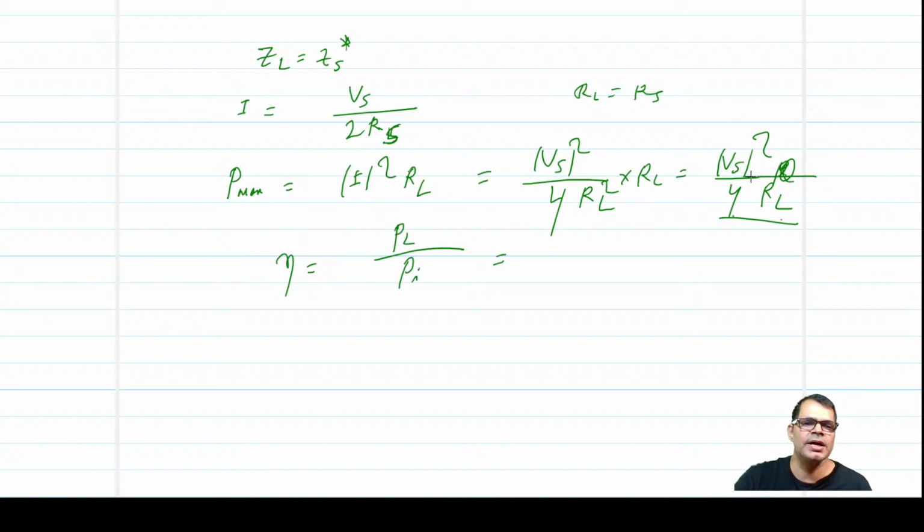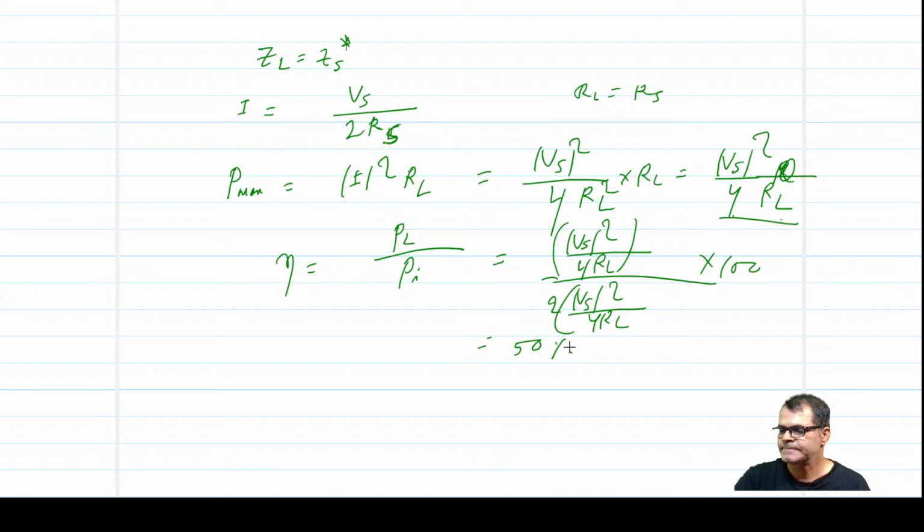PL is equal to Vs square upon 4 RL, and the same amount of power is also absorbed by the source resistance. So this will be twice Vs square upon 4 RL, into 100. So you will see that it is 50%. That is, at maximum power transfer, efficiency is 50%. What does it mean? 50% of the power is wasted in the source impedance itself.